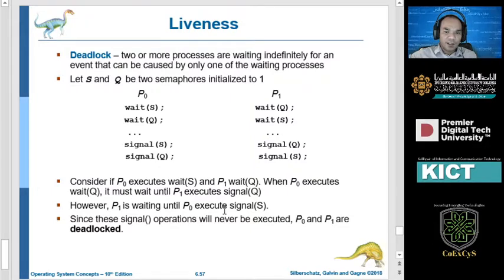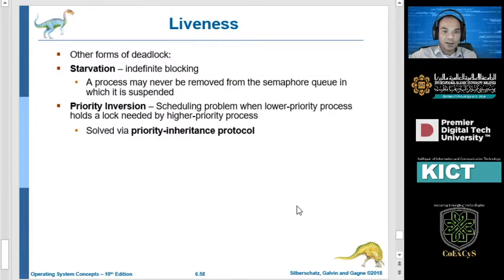These two processes are in a deadlock because each is waiting for the other.